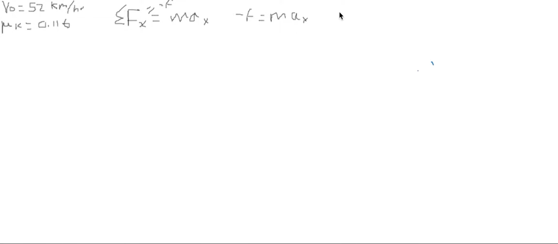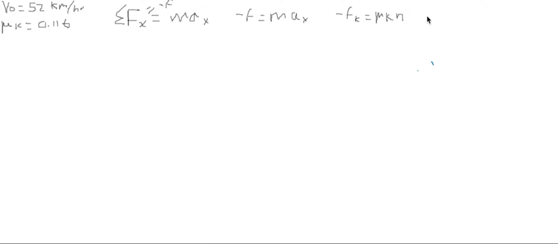And we know that the frictional force, kinetic force, is equal to the kinetic friction coefficient times the normal force. So we need to find the normal force.